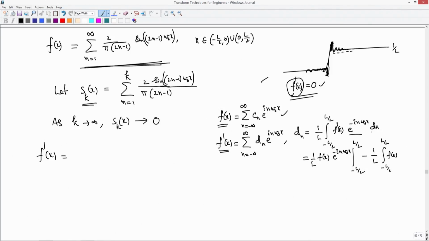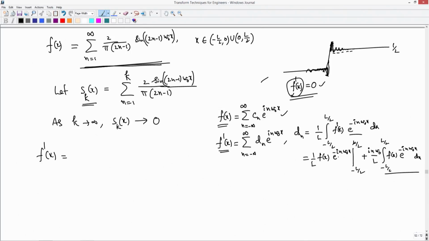Now, you differentiate this function. So minus i n ω0 comes out, that becomes plus i n ω0 f(x) e^(-i n ω0 x) dx. So, this is exactly our Cn.